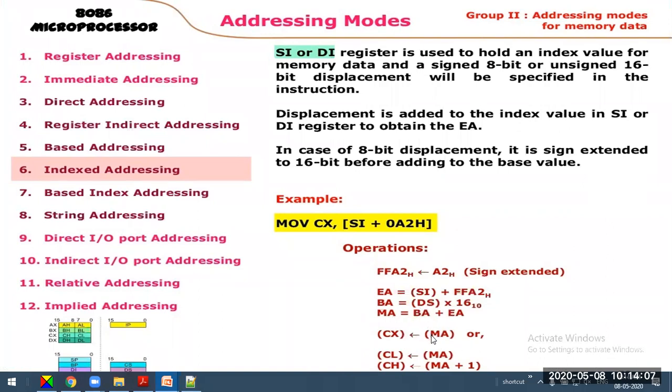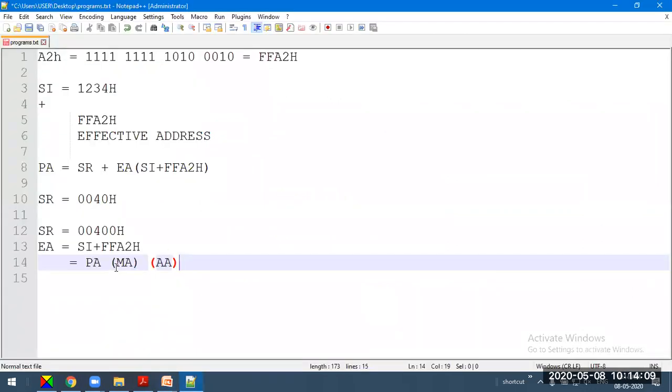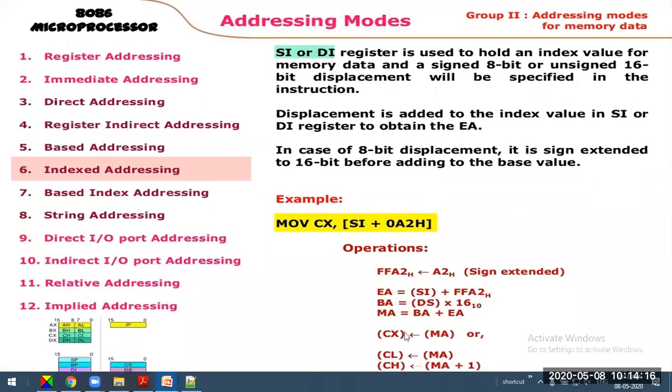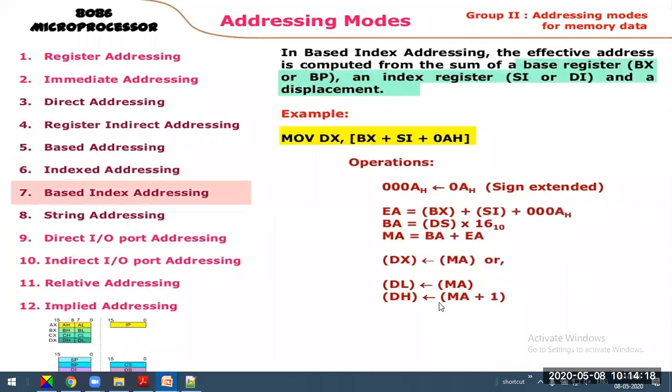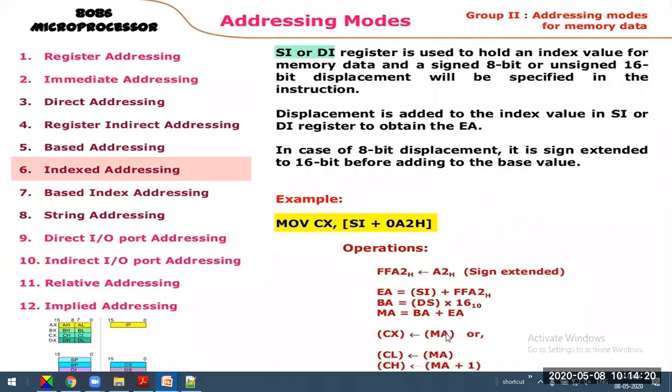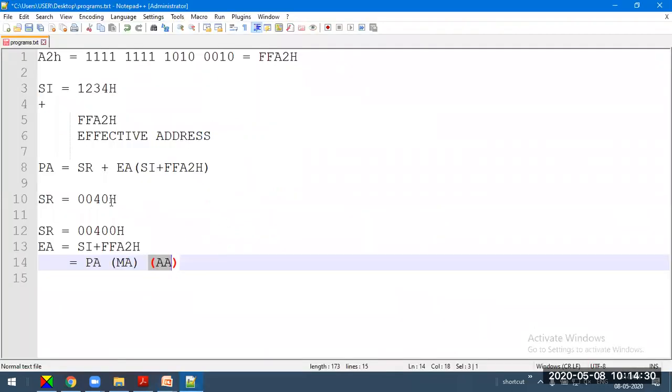From that physical address, whatever it is, the generated 20-bit address, data is copied and transferred into the CX register. This address is always even, if 0 is added.